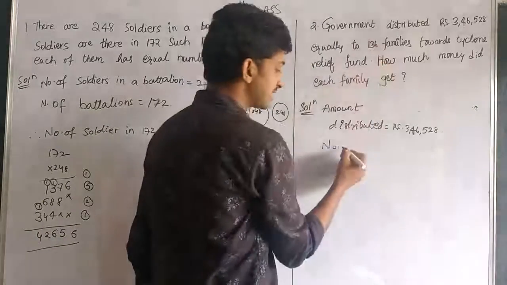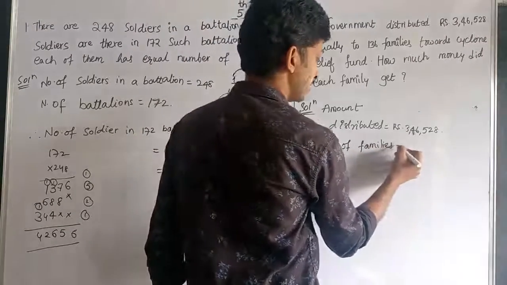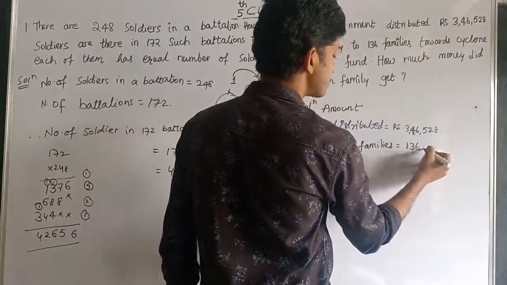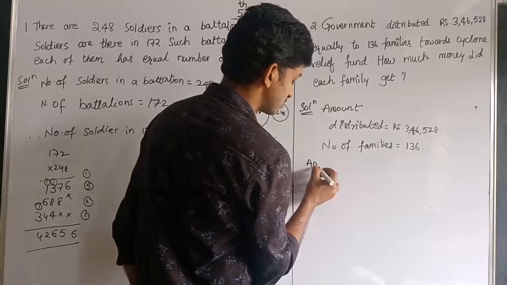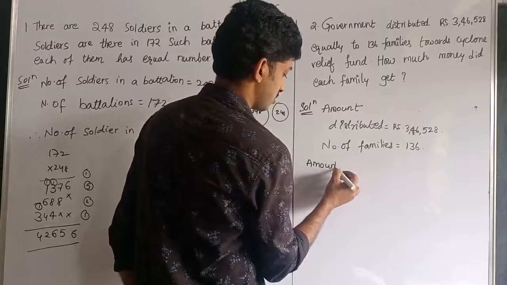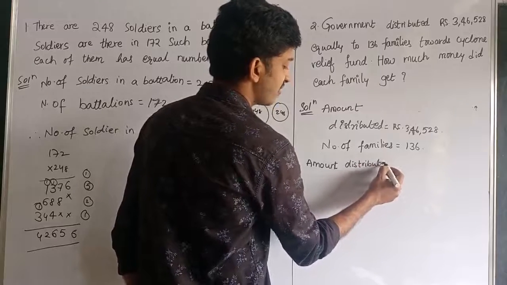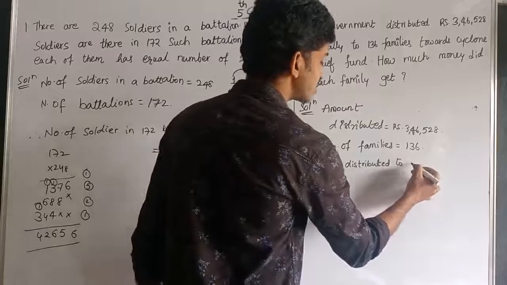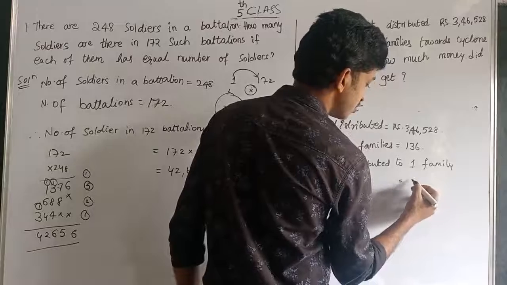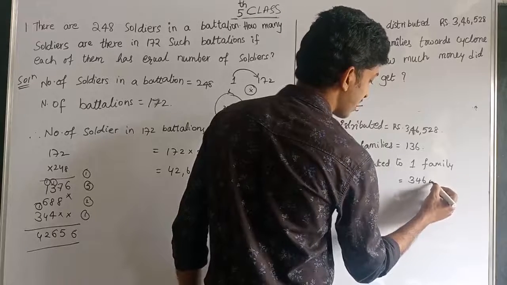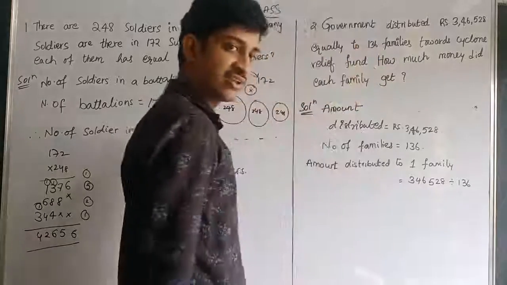To 136 families. Number of families equal to 136. So we want the amount distributed to only one family. So amount distributed to one family equal to 3,46,528 divided by 136. If you divide this, we get the answer.